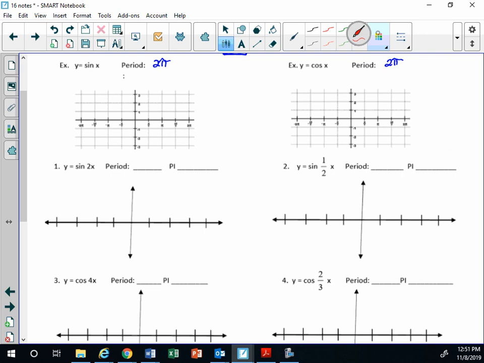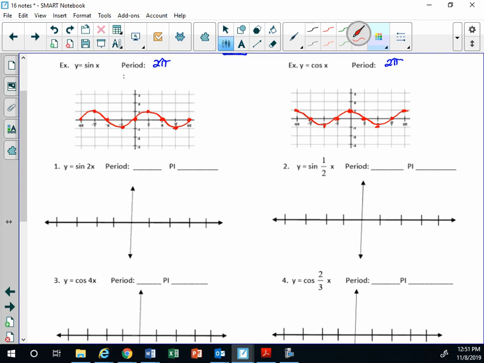We're going to sketch those parent functions again just because we want to be really good at it. Alright, so let's look at the first one here.